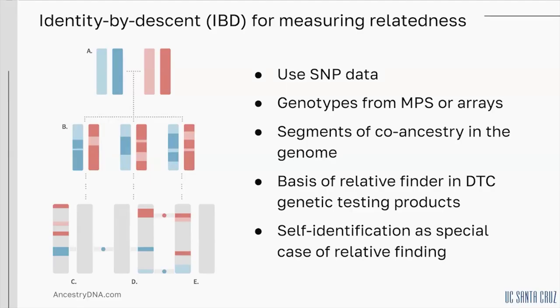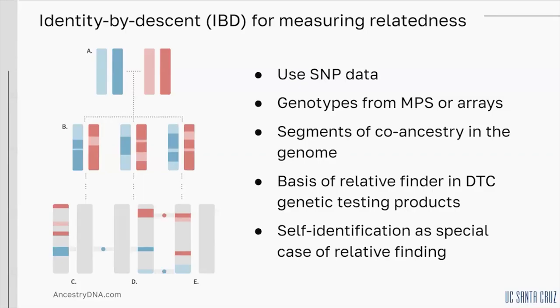IBD detection, therefore, serves as the basis for the relative finding feature that is included in many direct-to-consumer genetic testing products like those from 23andMe or AncestryDNA.